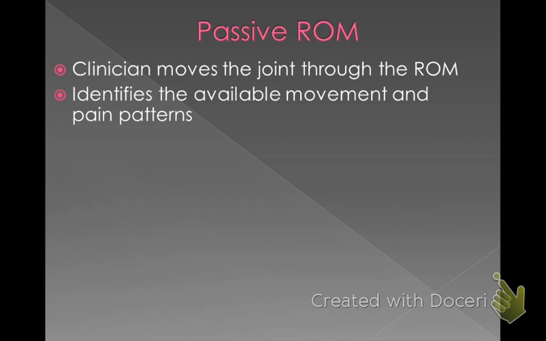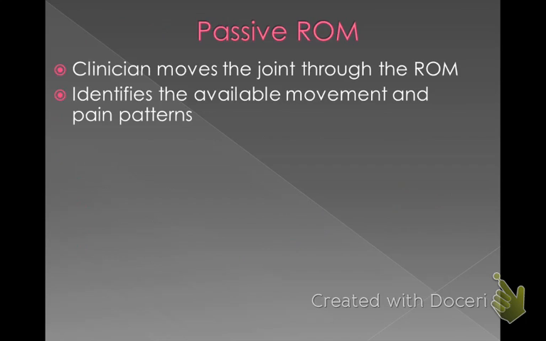So what does passive range of motion do? Well, it identifies available movement and pain patterns, right? Let's go back to active range of motion. If a patient has pain and has to stop midway through the range of motion, it might be because they're contracting and using their muscles and can't get through the range. However, in a passive range of motion assessment, that may not be the case.